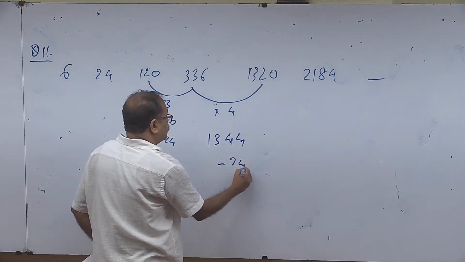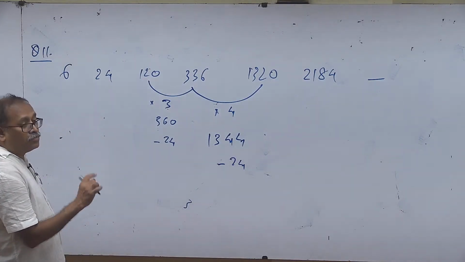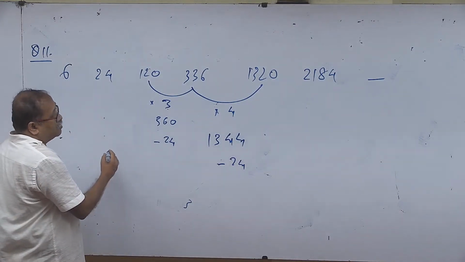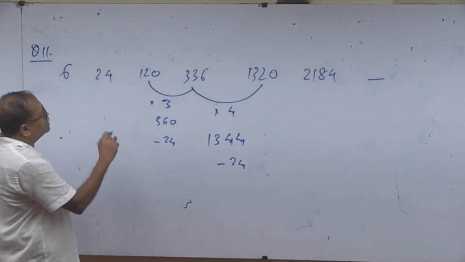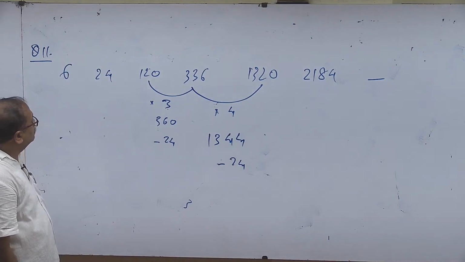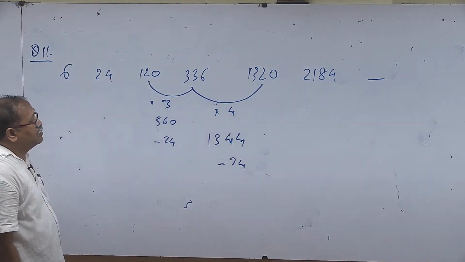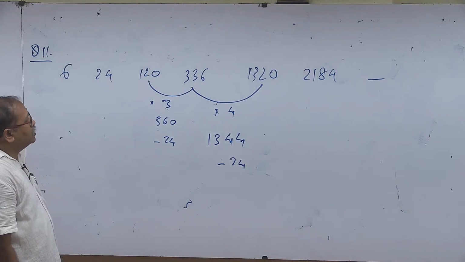Minus 24. So I got that into 3 minus 4, so why not minus 24, 4, 3. I notice that this is into 5. No. What else could it be?